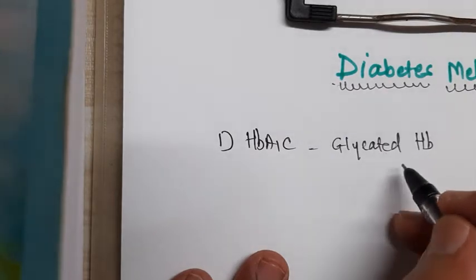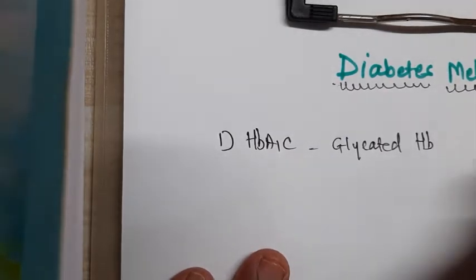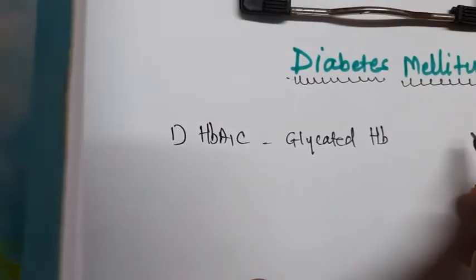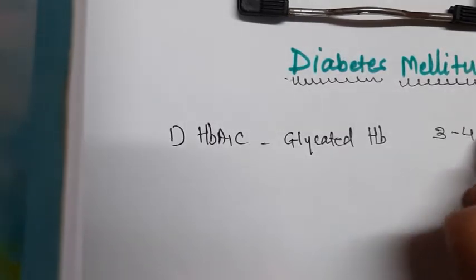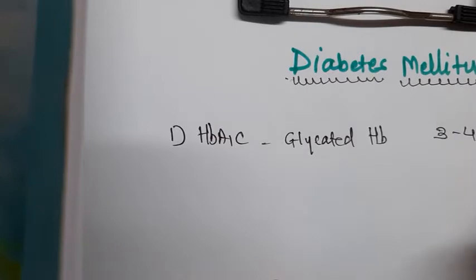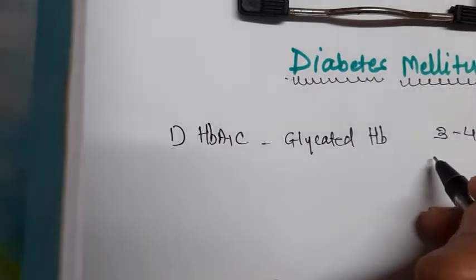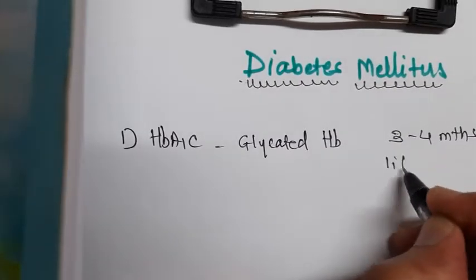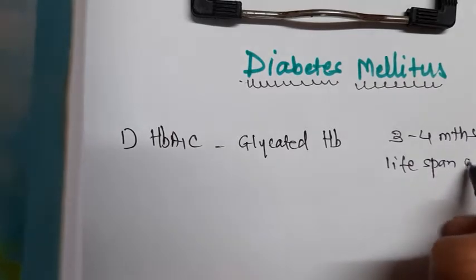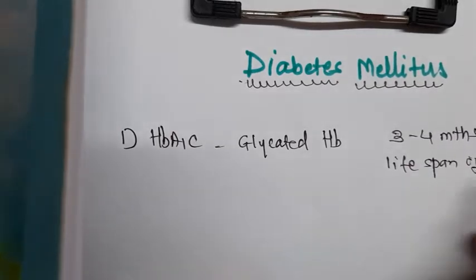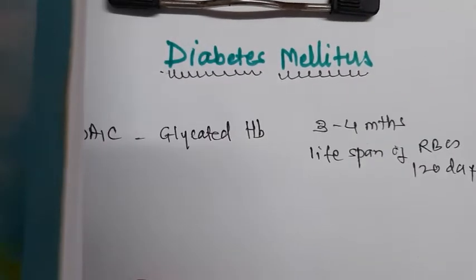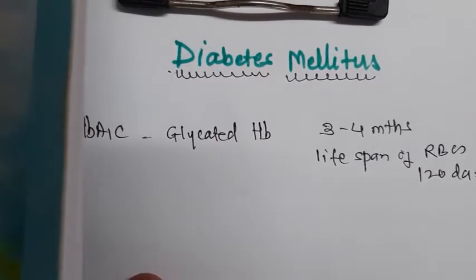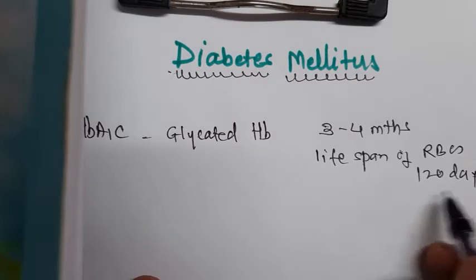That's why this test can be used to monitor the blood sugar level for the preceding 3 to 4 months, isn't it? Because the lifespan of RBC is around 120 days. The lifespan of RBC in human beings and in dogs is similar, that is 120 days.